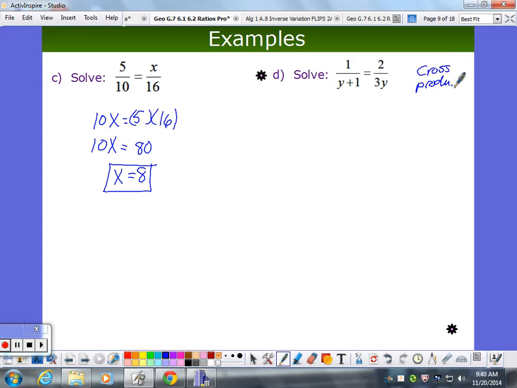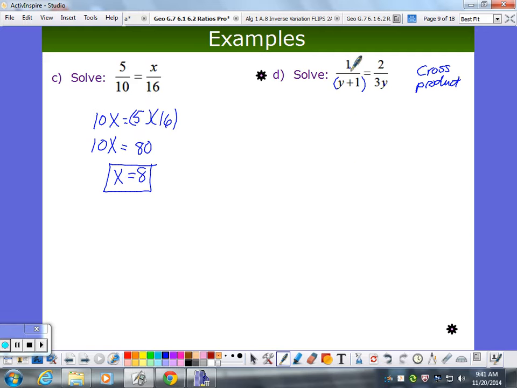So I still want to take the cross product. This times this equals that times that. The thing to remember is that with fractions, there's an implied grouping. An explicit grouping would be if they put in the parentheses. So it's a good habit, if there's a polynomial in either the numerator or the denominator, to put it in parentheses.